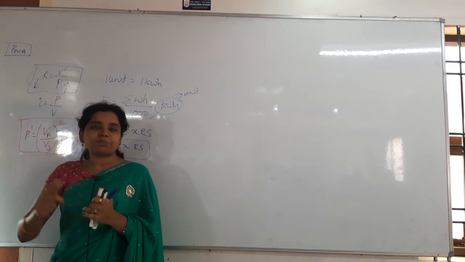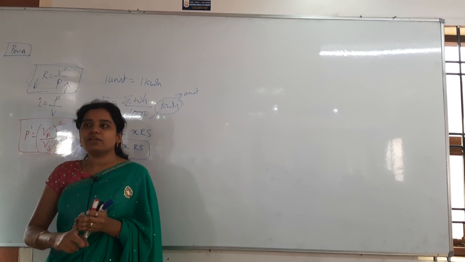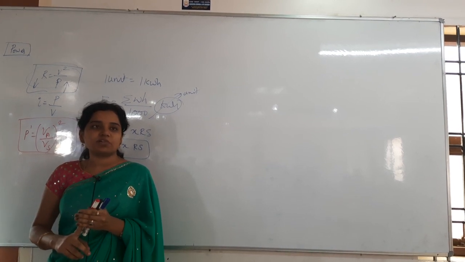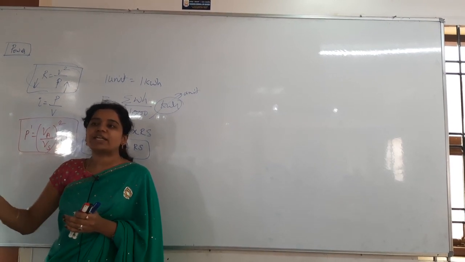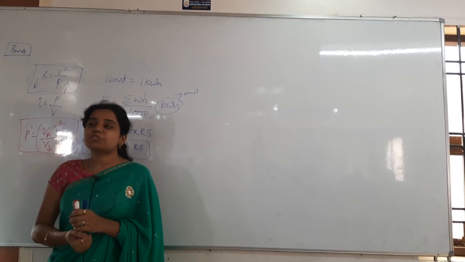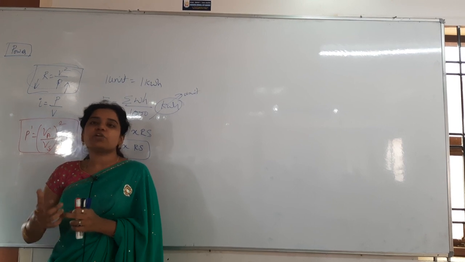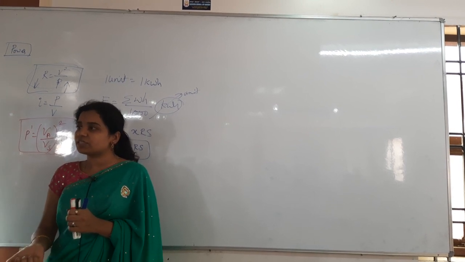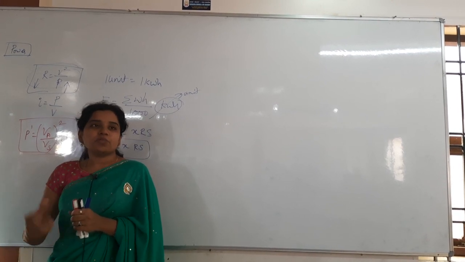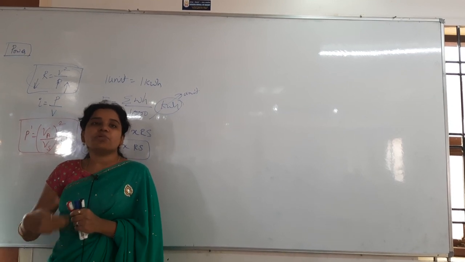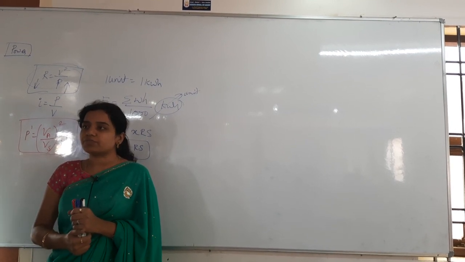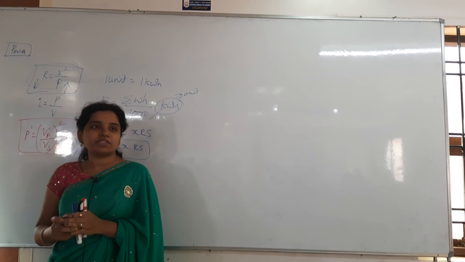Consuming more power, otherwise power dissipated, power radiated, otherwise brightness, everything is the same only. Bulb with less wattage, wattage nothing but the specified power. The bulb with less wattage gives you more brightness in the case of series combination. The bulb with more wattage gives you more brightness in the case of parallel combination. How it comes, we will discuss that.